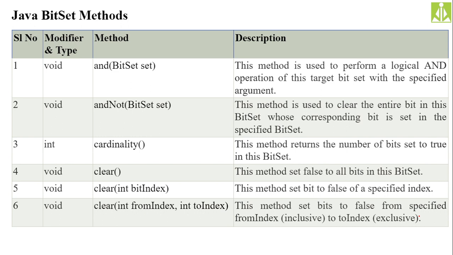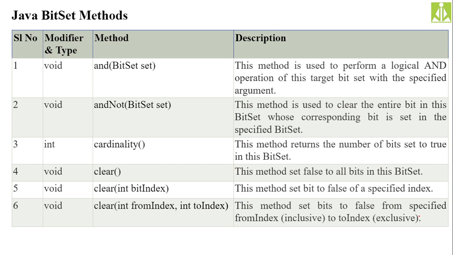Whenever we are discussing a particular class, try to remember a small description about that class and an example program related to that class. Like when we are discussing this BitSet class, the purpose of using the BitSet class in Java programming is the small description.